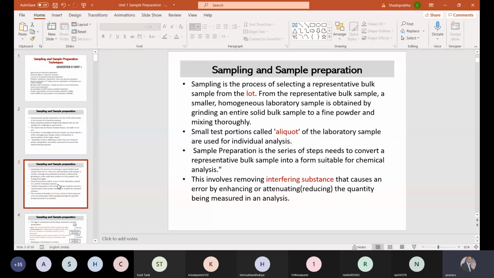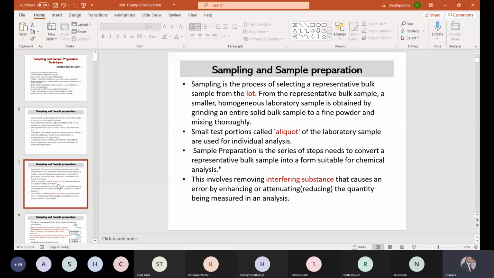So from the representative bulk sample, once we have collected, we need to prepare a homogeneous laboratory sample by a process such as grinding it into a fine powder, maybe mixing. There could be a process called distillation. It might involve digestion with perhaps acids, or fusion with some alkalis. It may require a process called derivatization.